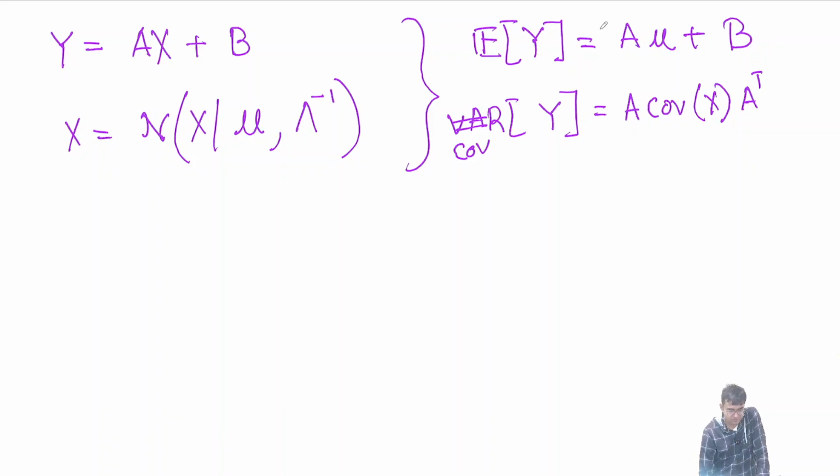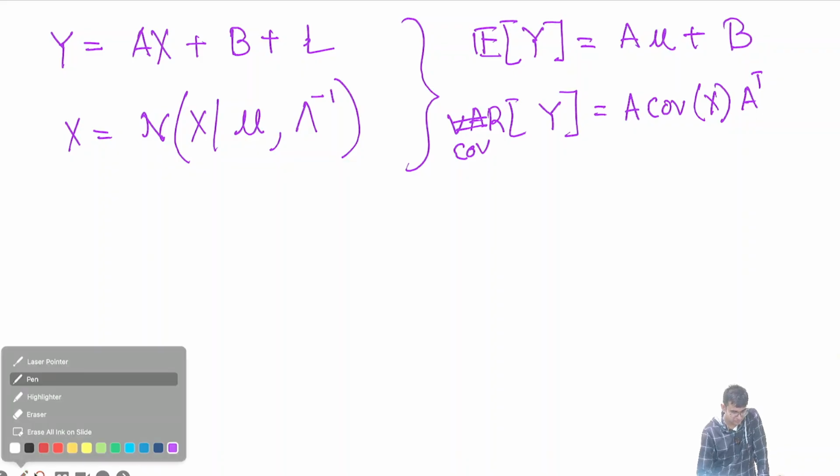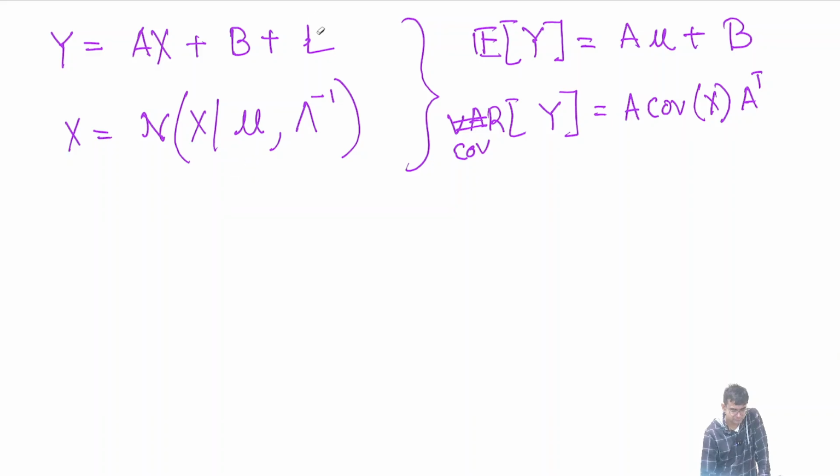Now let me also add a covariance here. This was lambda, so let's call it L. Plus epsilon, where epsilon is from a Gaussian with 0 comma L. So now what will be the covariance?